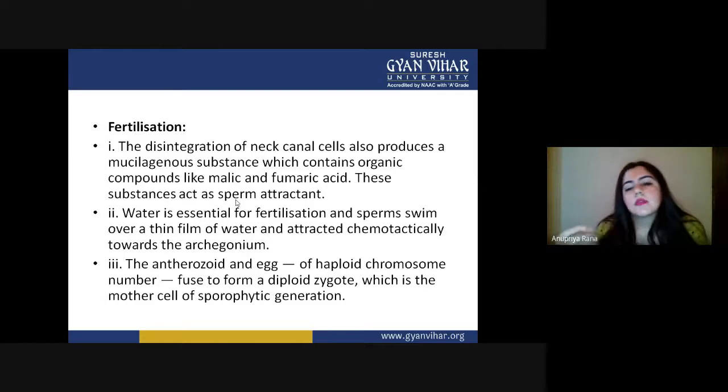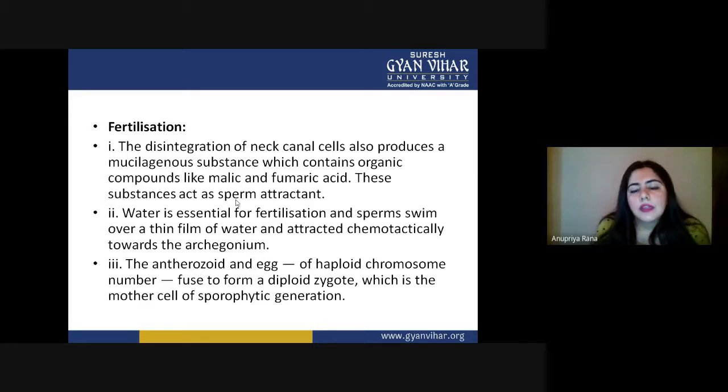So when these neck canal cells disintegrate to make a path for the anthrozoids, they also produce two organic compounds: one is malic acid and the second is fumaric acid. These acids work chemotactically to attract the anthrozoid, or sperm, into the neck portion.